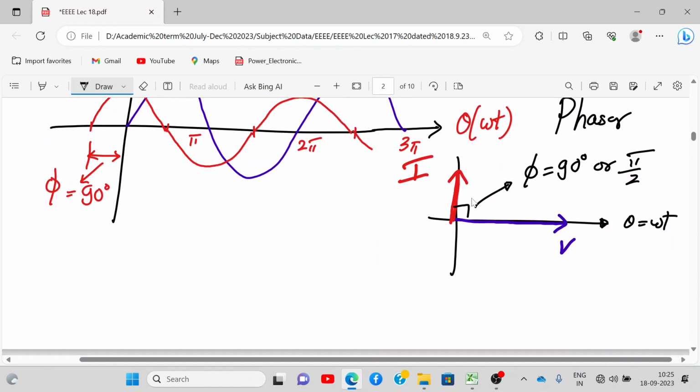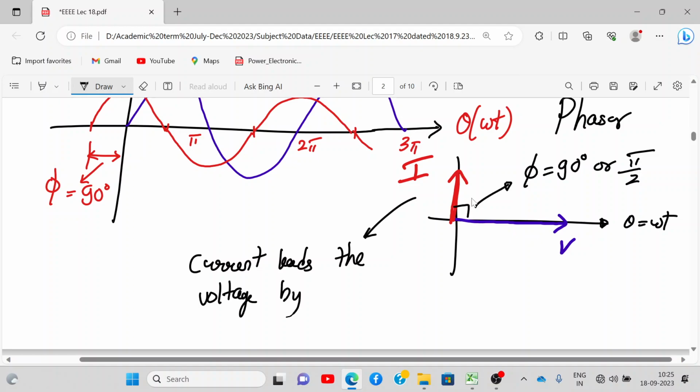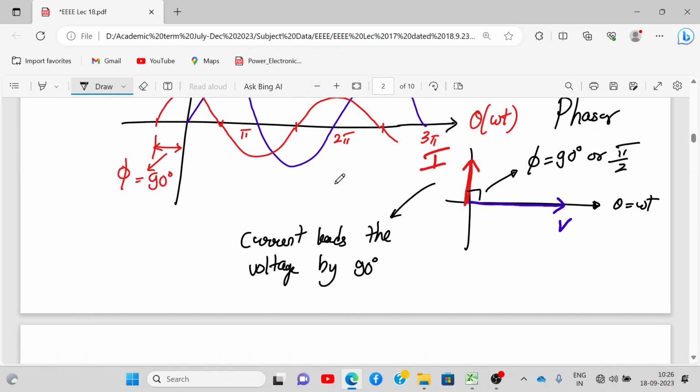So from here we can say that your current leads the voltage by 90 degree. Okay.